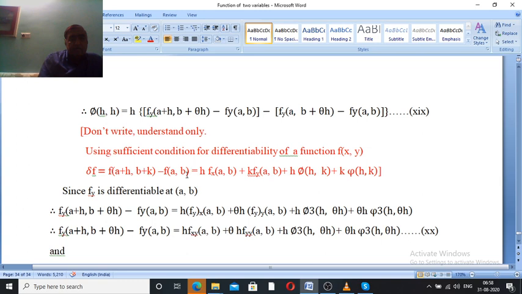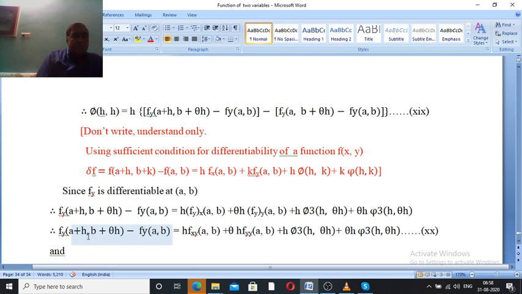Therefore, as per this expression, h fyx at point (a, b) plus theta h fyy at point (a, b) plus h phi 3 of (h, theta h) plus theta h psi 3 of (h, theta h).